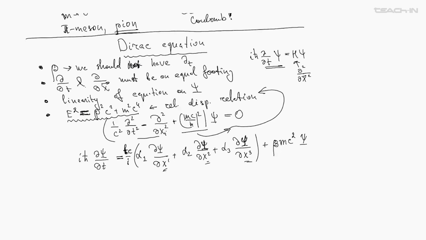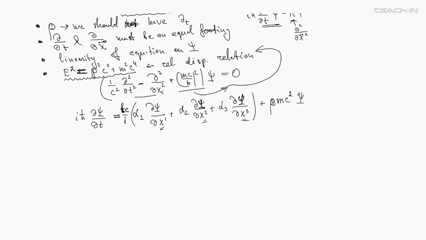In this frame, it looks like this; in the other frame, it will look different. So he says, okay, if it's not possible for alpha 1, alpha 2, alpha 3 to be numbers, let them be matrices.